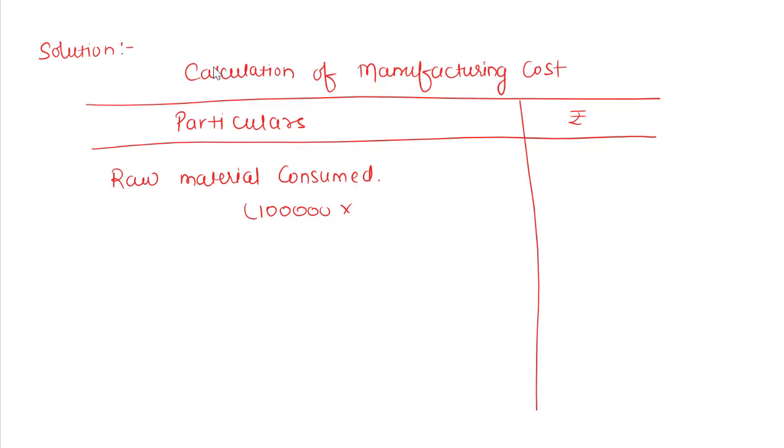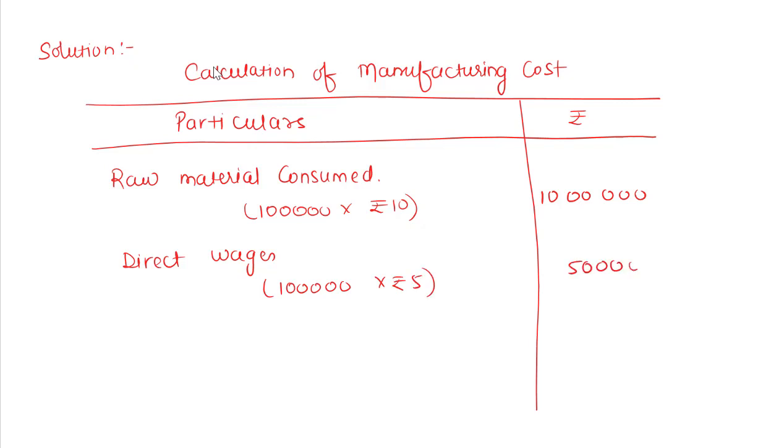Direct wages: 1 lakh units multiplied by rupees 5 per unit, which is 5 lakhs.